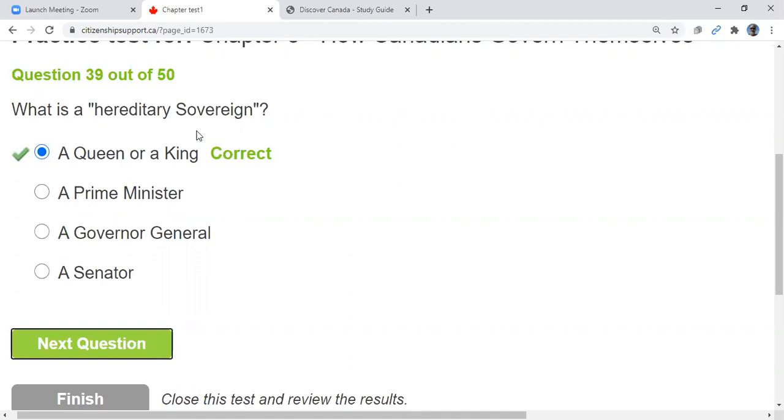It just means king or queen. It's a fancy word for king or queen. And this hereditary, it just means their children become king or queen. Sovereign just means king or queen.